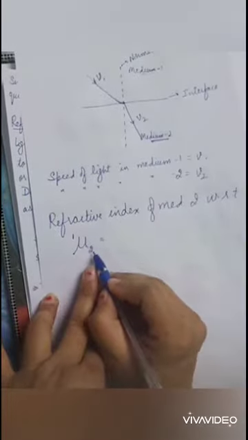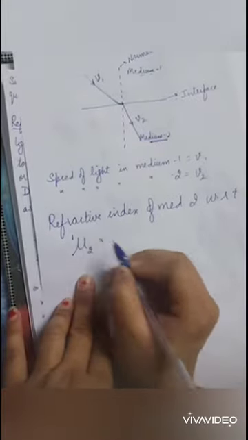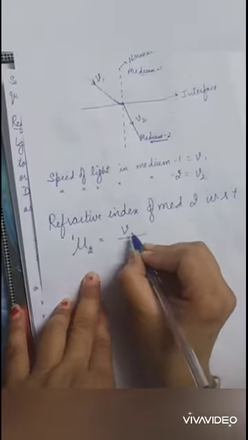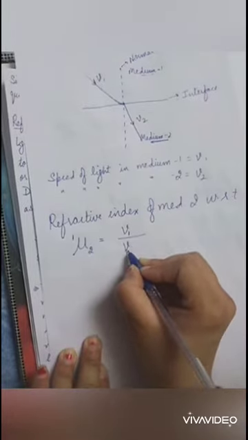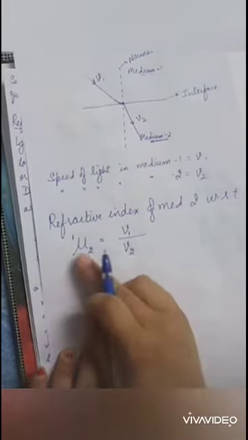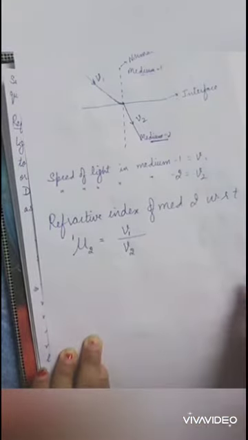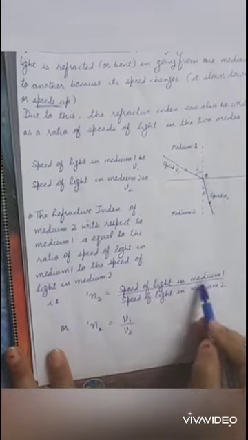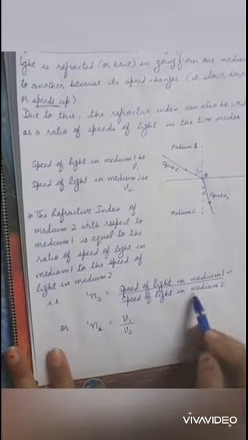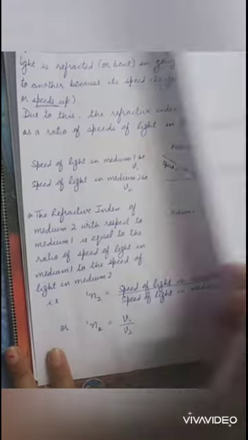Then you can write it as refractive index of medium 2 with respect to 1, which is equal to the ratio of speed of light in medium 1 to the speed of light in medium 2. That is, mu 21 is equal to v1 upon v2.